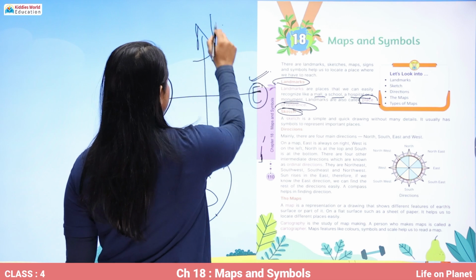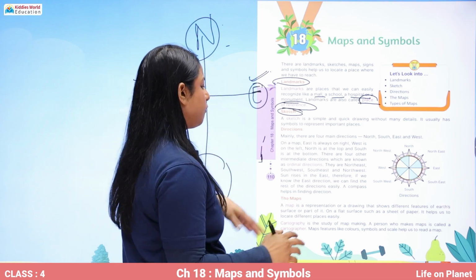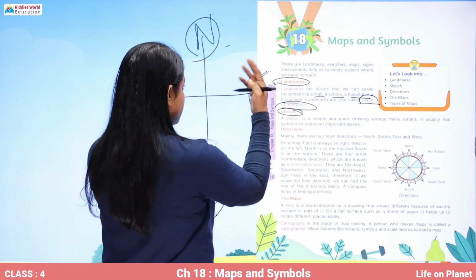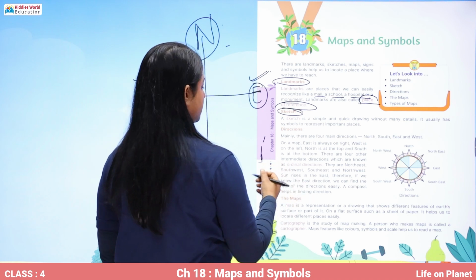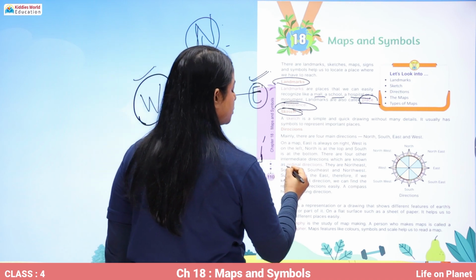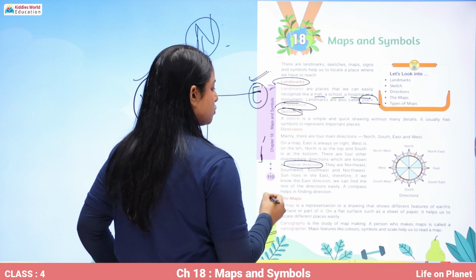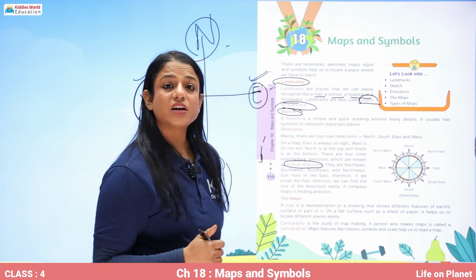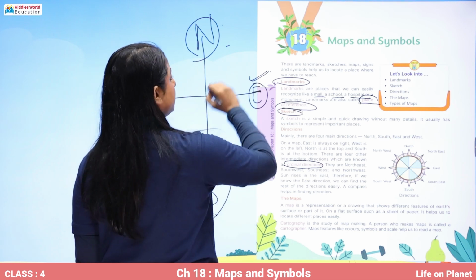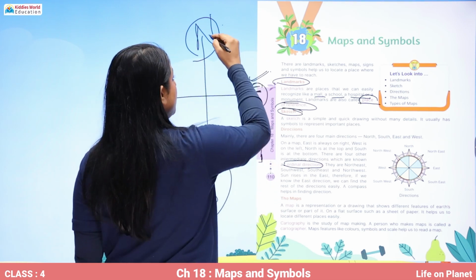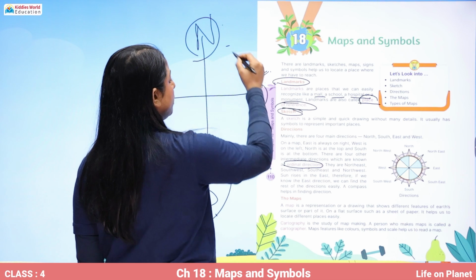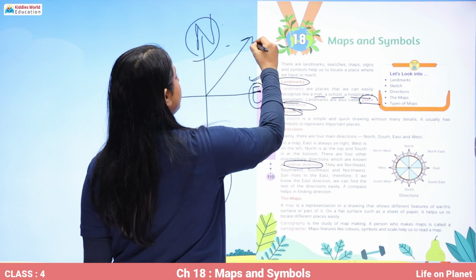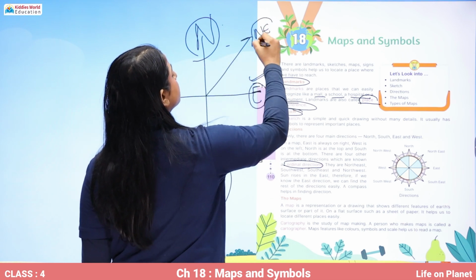Correct? Now there are 4 other intermediate directions, which are known as ordinal directions. So these are the cardinal directions, and then there are ordinal directions, which are the intermediate directions. In the middle of north and east, there is northeast.